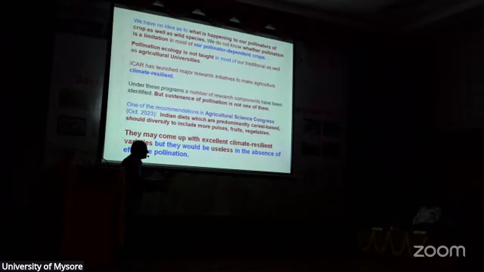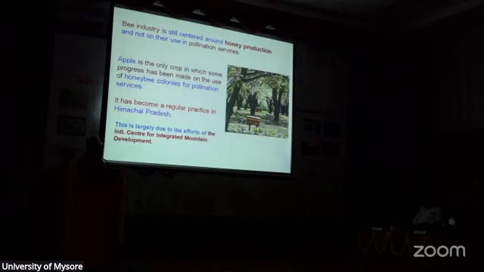They don't even know whether any of our crops is pollinator deficient. The only crop for which they keep honeybees for pollination is apple. In Himachal Pradesh, they routinely follow this method. This is again largely due to the efforts of the International Centre for Integrated Mountain Development, which is located in Kathmandu.